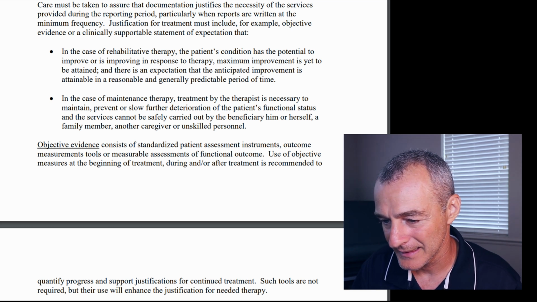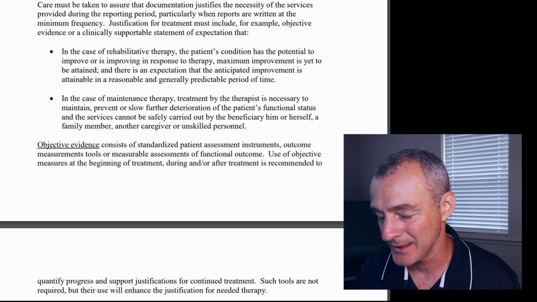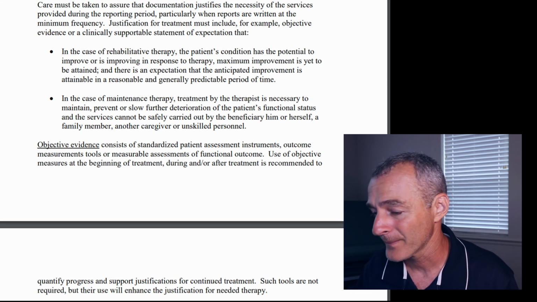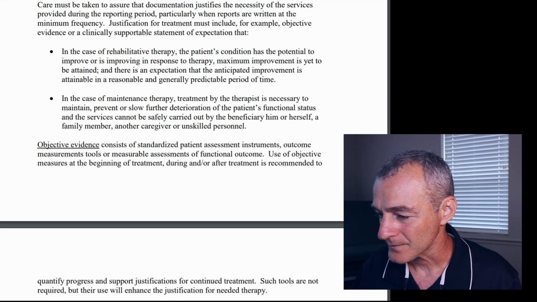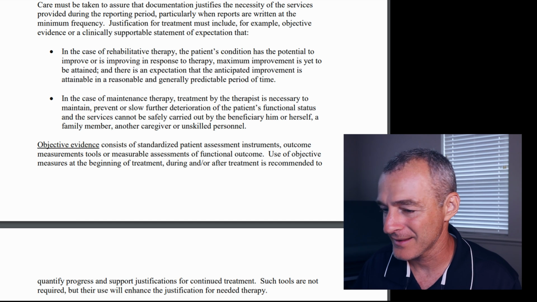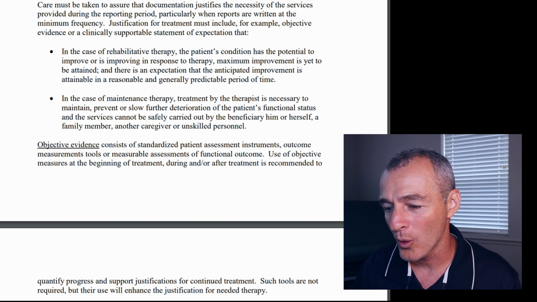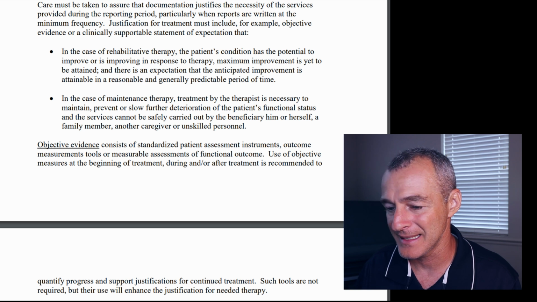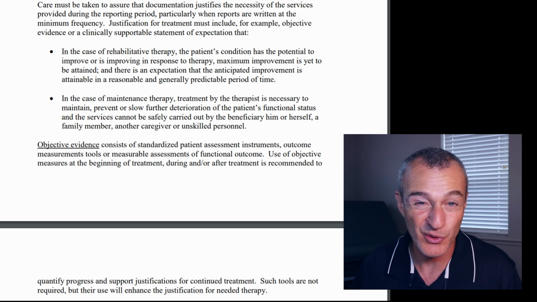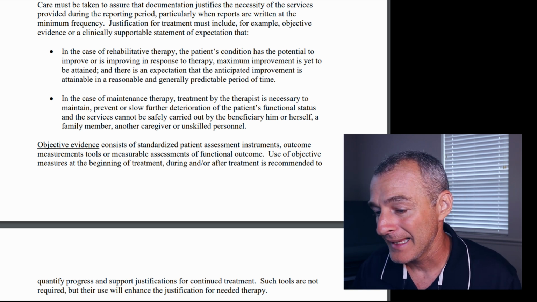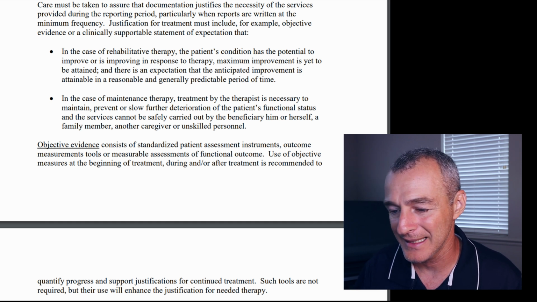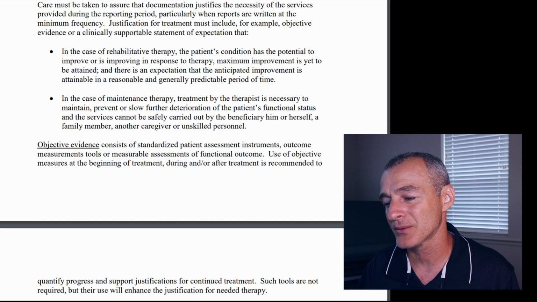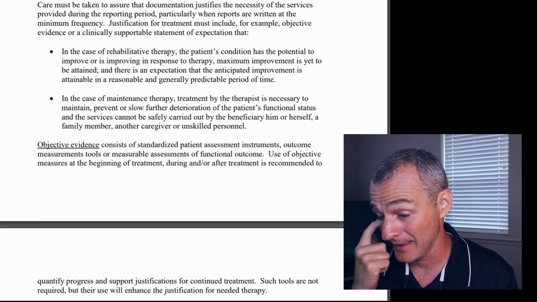That in the case of rehabilitative therapy, which is what most of us are going to be doing, the patient's condition has the potential to improve or is improving in response to therapy. Maximum improvement is yet to be obtained, so there's still room for improvement. And there's an exception that the anticipated improvement is attainable in a reasonable and generally predictable period of time.